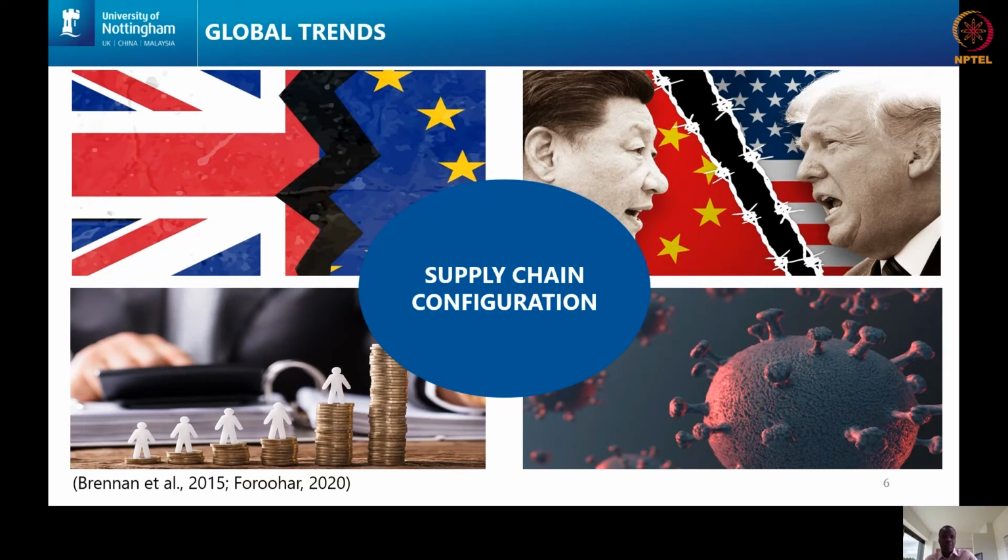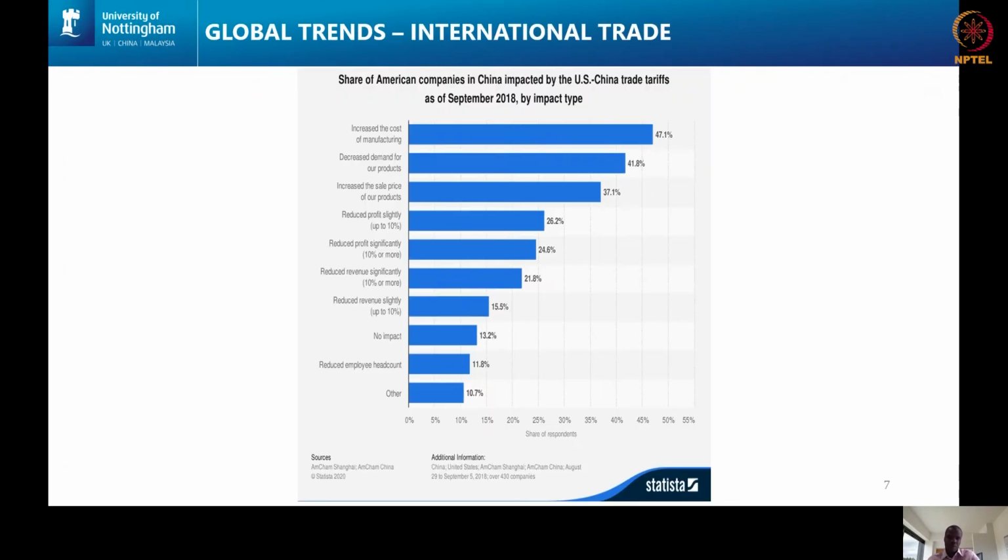And indeed, very recently, the COVID-19 pandemic has revealed very gaping weaknesses in local supply chain capabilities of different economies across the world. And there is evidence to support this argument. In this report released by Statista, we see American manufacturers domiciled in China bearing the brunt of the trade wars between both countries.